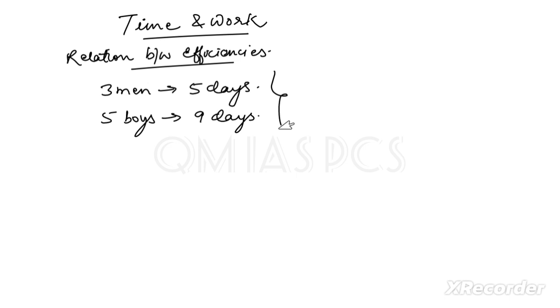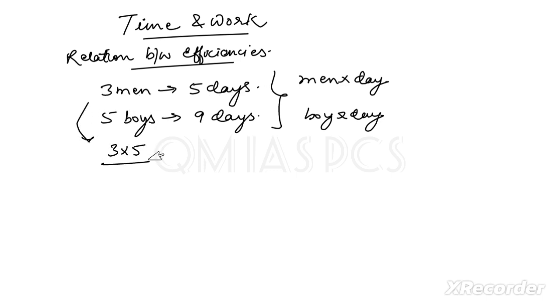In this type of question, we have to find the men-day value or boy-day value, that means the product of these things. For men, 3 multiplied by 5 is 15 man-days. So what does it mean? If we have 15 men, they can do that work in one day. What I mean to say is, if 3 men do it in 5 days, that means 15 men can do that work in one day.